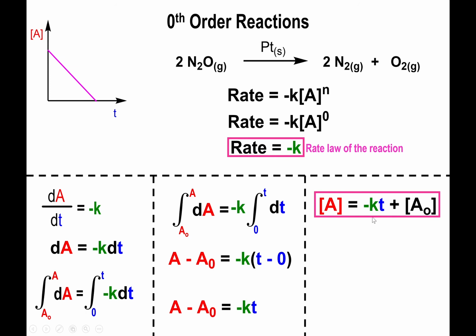But more importantly, what this is basically showing you is that if the reaction is truly a zeroth order reaction, if you were to make a plot of the concentration of A versus time, you ought to get a line with a negative slope. If the reaction is not zero order and you plot concentration versus time, you should not be getting a linear plot. So that's kind of the dead giveaway that you may have a zeroth order reaction.